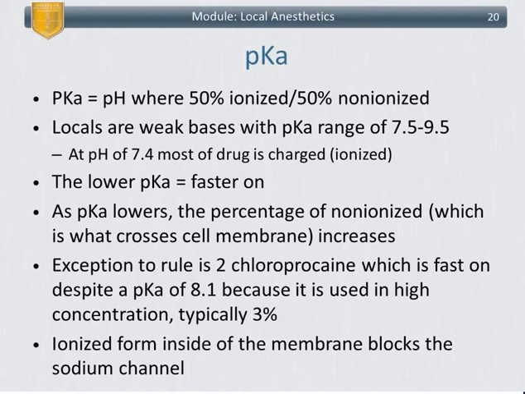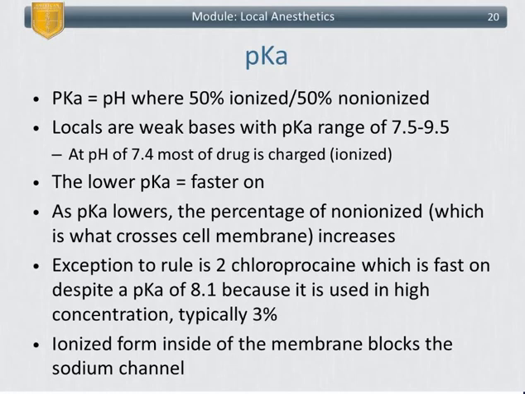The lower pKa is associated with faster onset because a lower pKa gets you closer to your pH. If you have a pKa of 9.5 and you're injecting that into a body with 7.4, almost all of that drug is going to be ionized and it won't cross the cell membrane very rapidly. But if you've got a low pKa, let's say 7.5, then you're closer to 50% non-ionized. That will cross the cell membrane, and so you'll get a quicker onset.